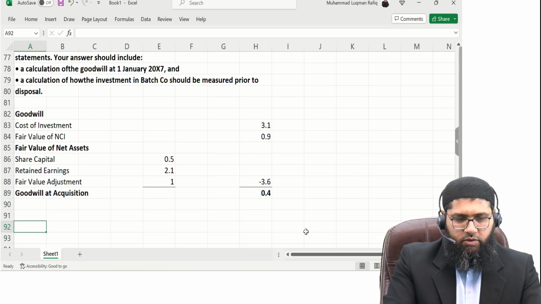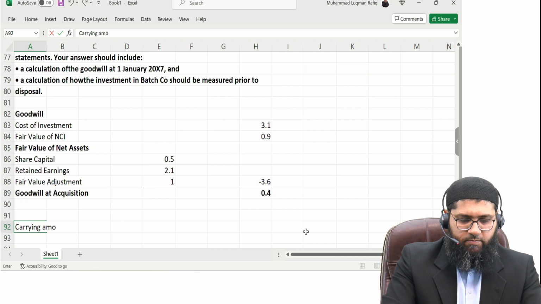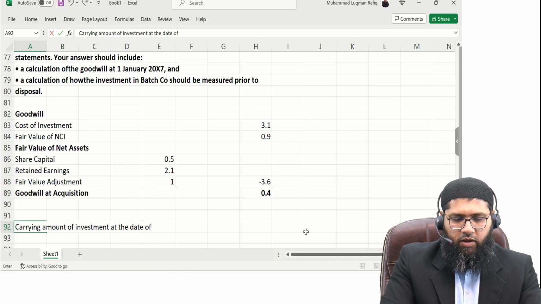Now, carrying amount of investment at the date of disposal slash classification as held for sale.